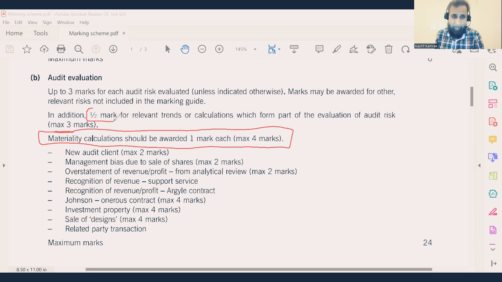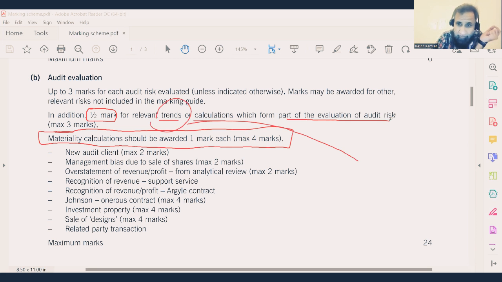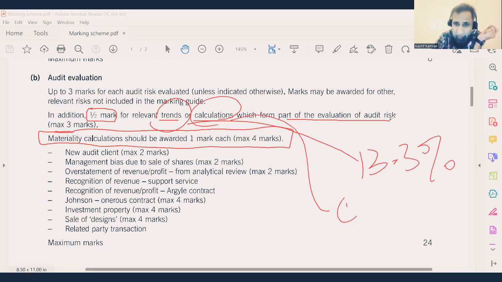See this, extra half a mark for any relevant trend or for any relevant calculation, which forms part of the answer. So did I find the 13.3% increase in the fair value, a relevant trend? Did I find a calculation like 0.14 million, which was the loss?